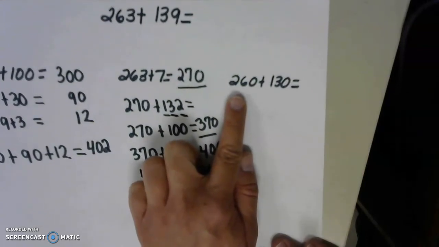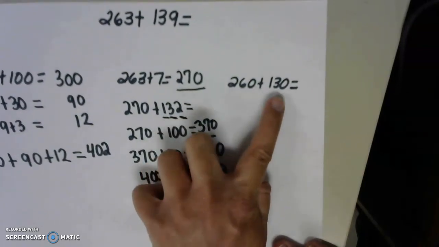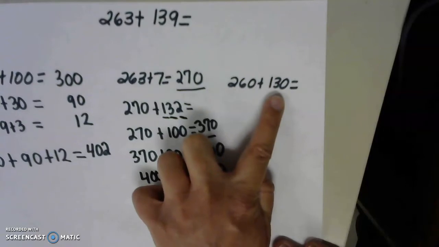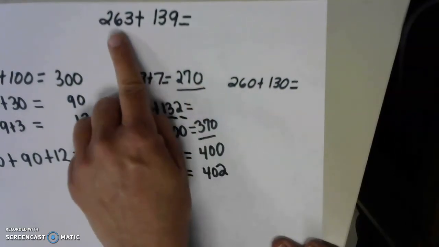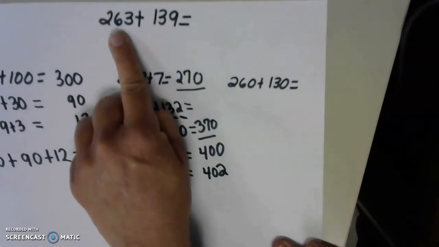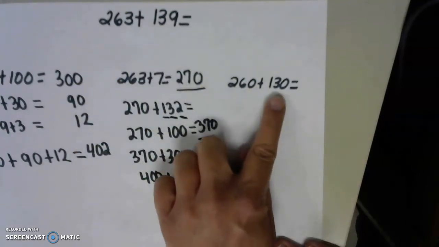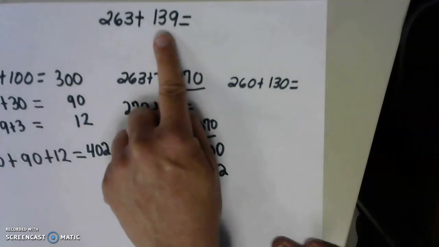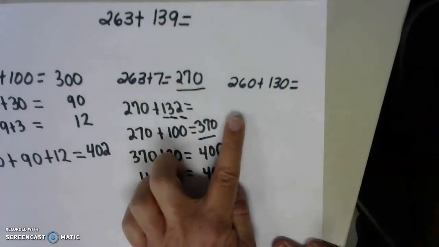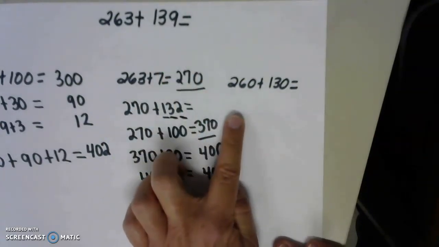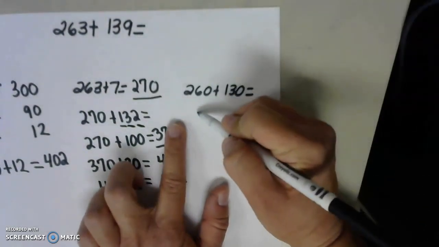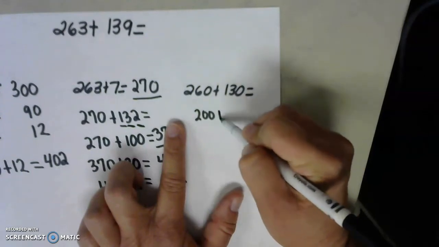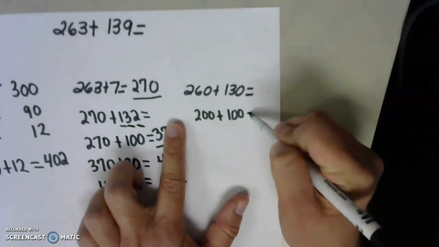Now this one is 260 plus 130, and I bet you can figure out where those two numbers came from. The 260 is the hundreds and tens from 263, and 130 is the hundreds and tens from 139. So let's go ahead and combine these numbers together. I know that 200 plus 100 equals 300.